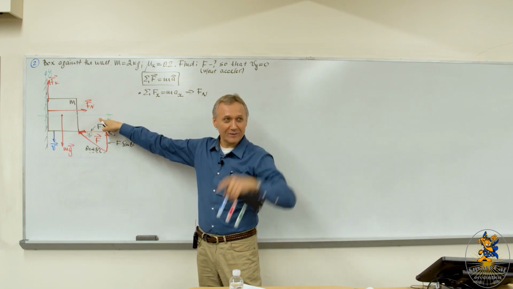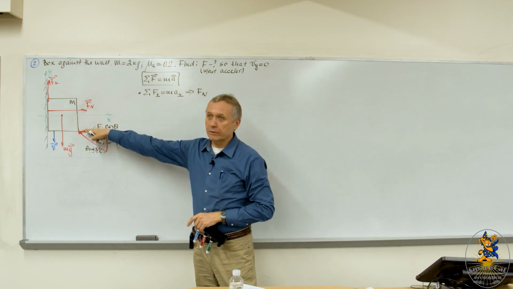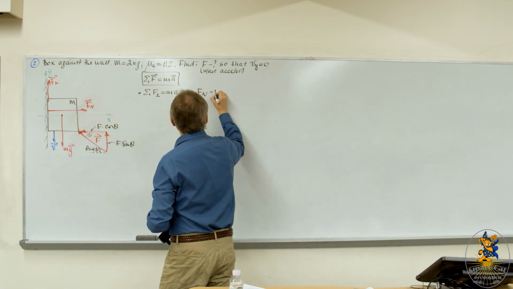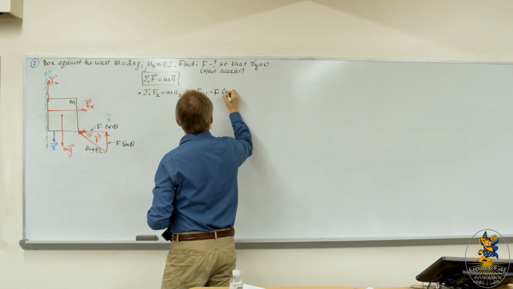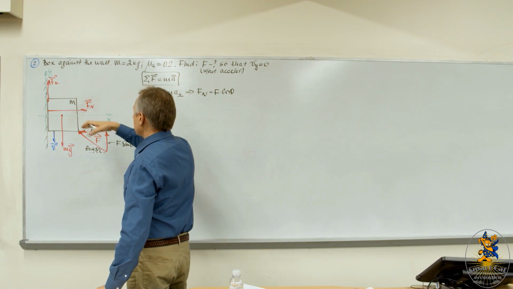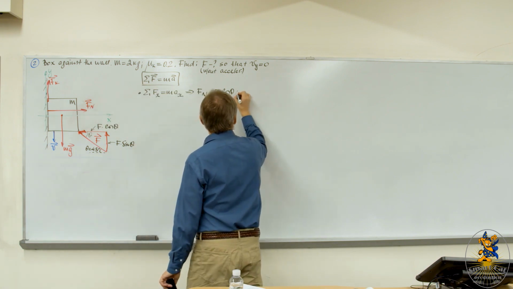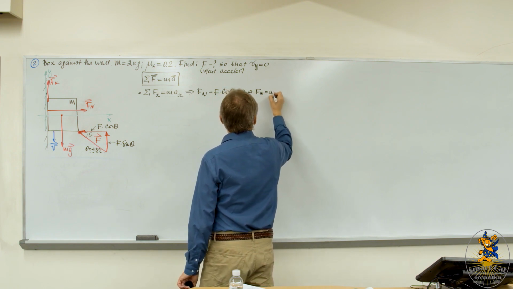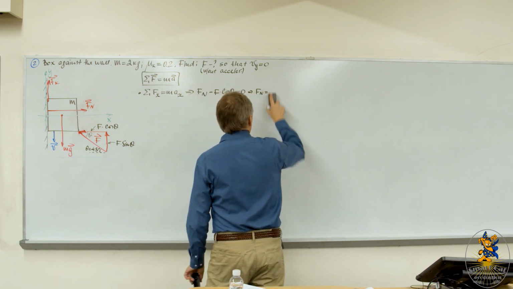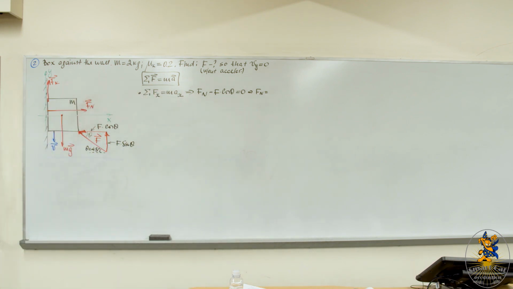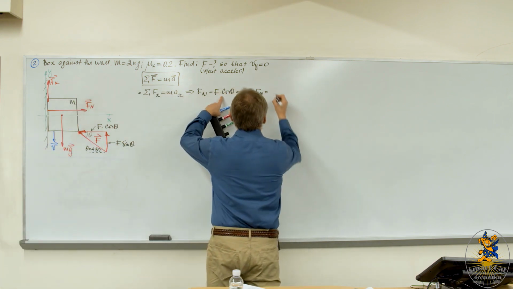Is it positive or negative? Negative. It points in the negative x direction, so it goes into the equation with a minus: minus F cosine theta. Anything else? No, that's it, equals 0. So the normal force equals, wait, muscle memory. Usually it's mg cosine theta, but in this case it's F cosine theta.